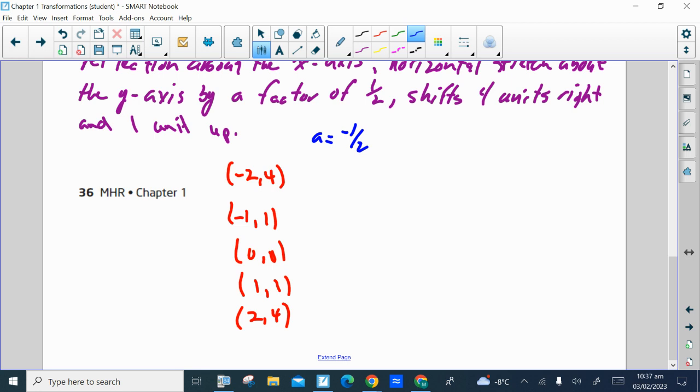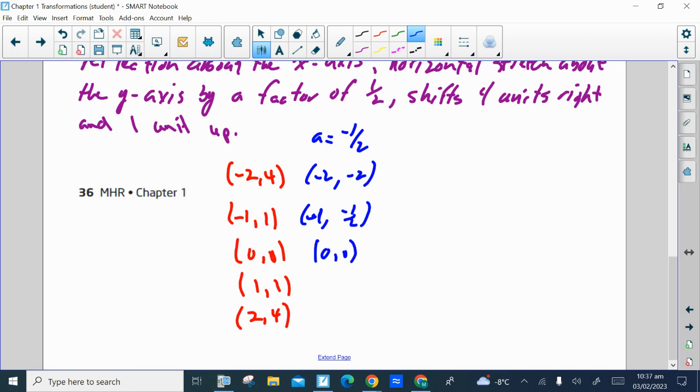So that will vertically stretch it by a factor of 1/2. That means you multiply the y values by 1/2 and also reflect it over the x-axis, which we can do by multiplying the y values by -1. But we can do them simultaneously. We can do our stretching and reflecting simultaneously by multiplying all the y values by -1/2. So that's what we're doing here, multiplying all the y values by -1/2.